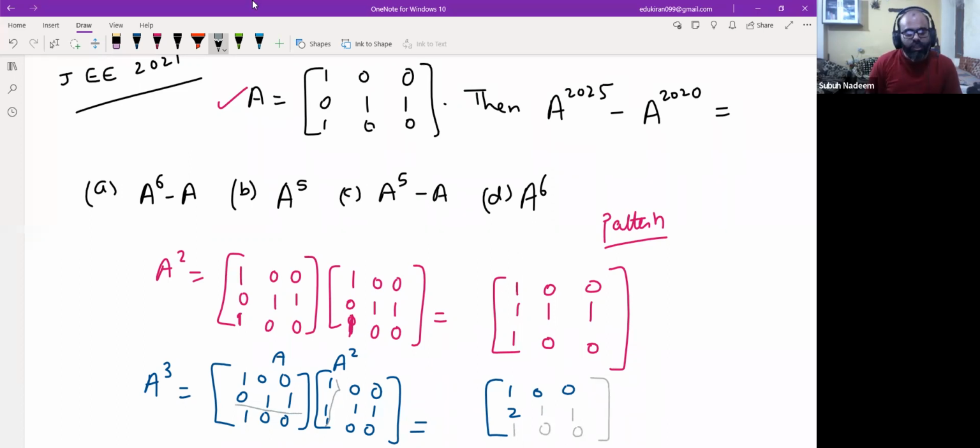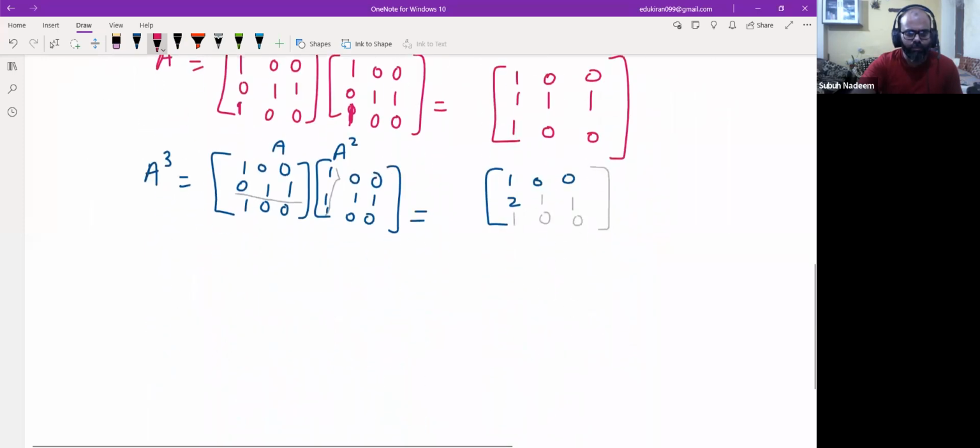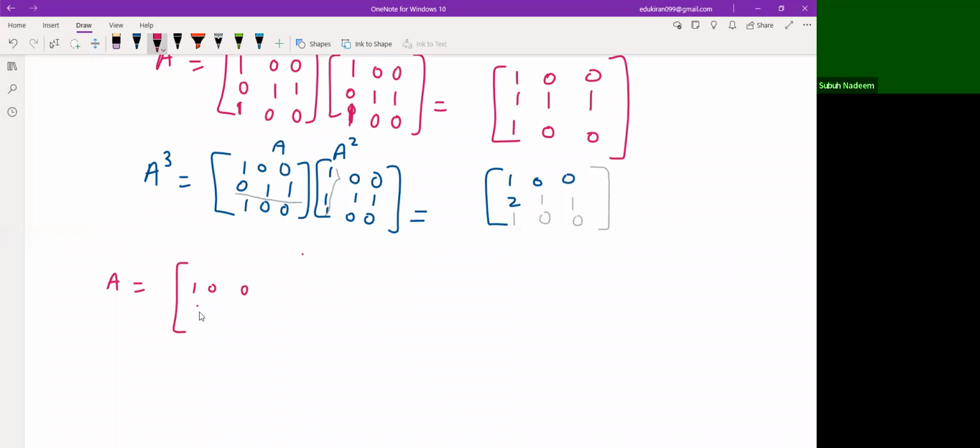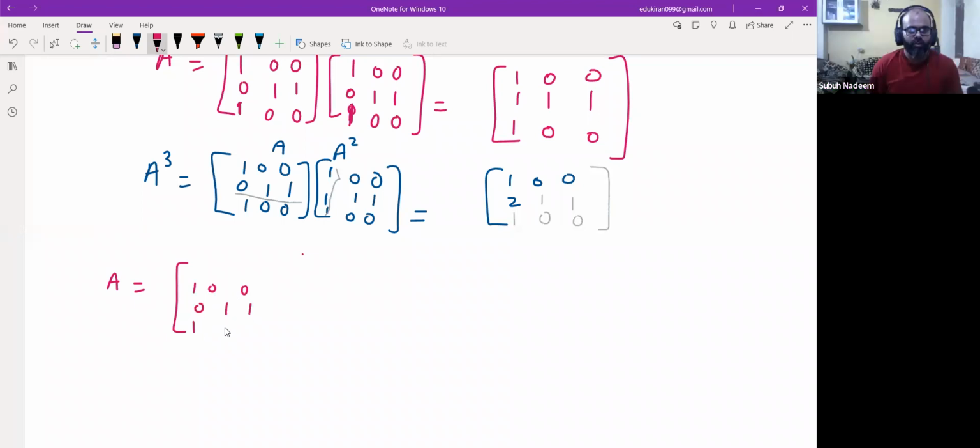Now if you try to understand the pattern here, what is happening is that a is 1 0 0, 0 1 1, 1 0 0.